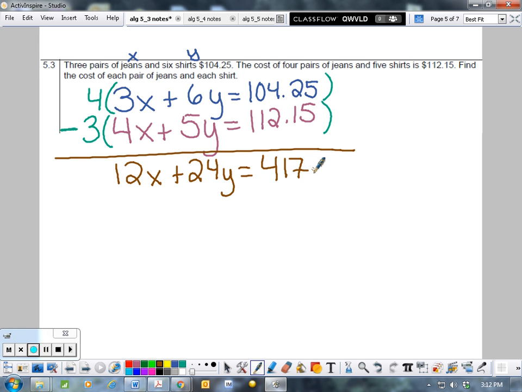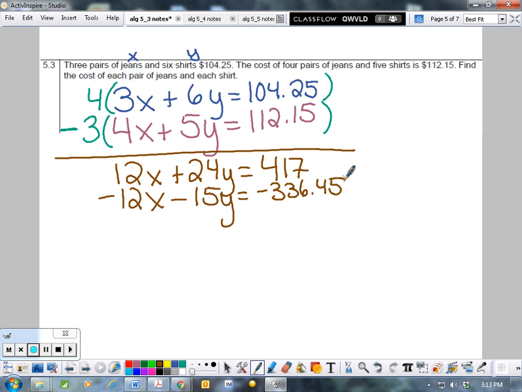Yay, no more decimal. And so now I'm going to go ahead and multiply on the bottom. So negative 3 times 4x gives me negative 12x. Yay. Negative 3 times 5y gives me negative 15y. And then negative 3 times 112, I'm going to need that calculator. So negative 3 times 112.15 gives me a decimal, an ugly one too, negative 336.45.